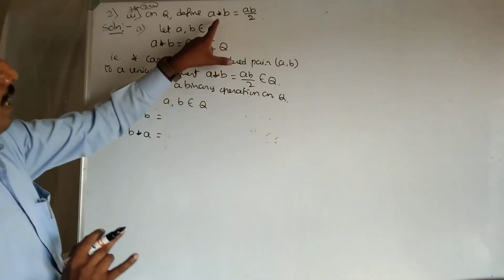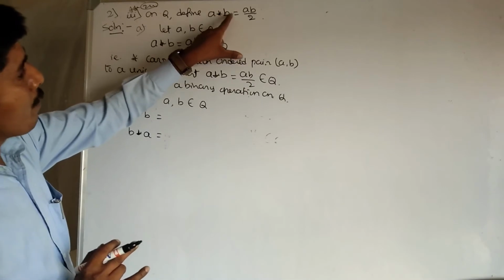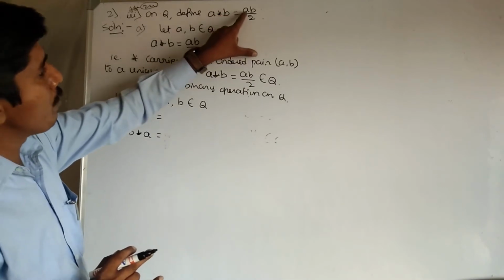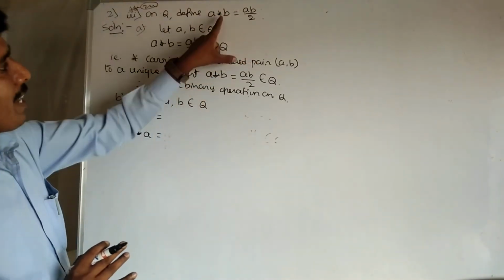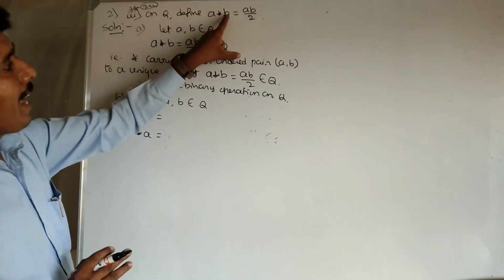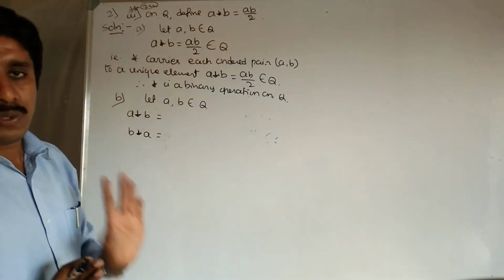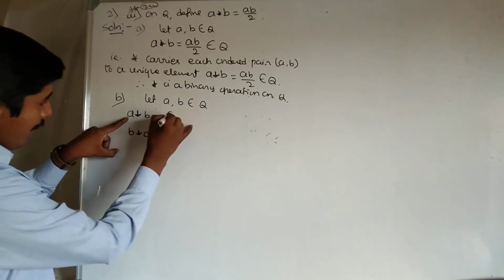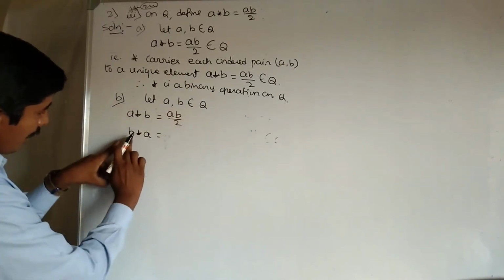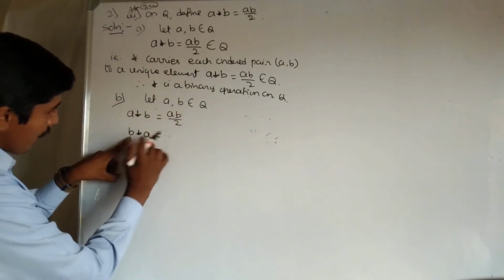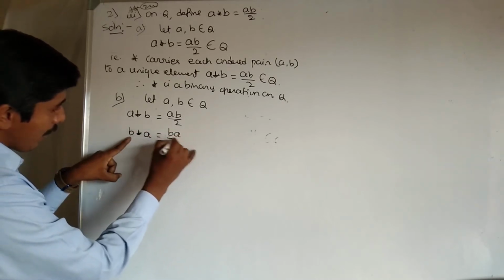Got it. Here the binary operation is defined: A star B is equal to A into B divided by 2. Very important. The product of A and B, that is AB, divided by 2. Here A star B is AB divided by 2. Then B star A is B into A, BA divided by 2.